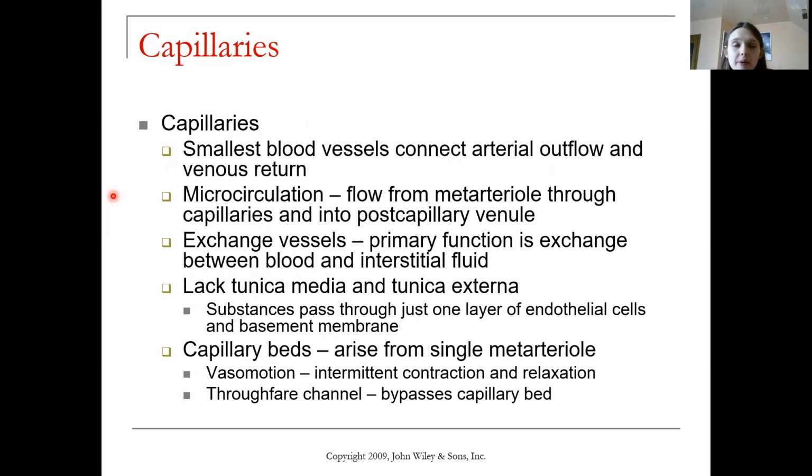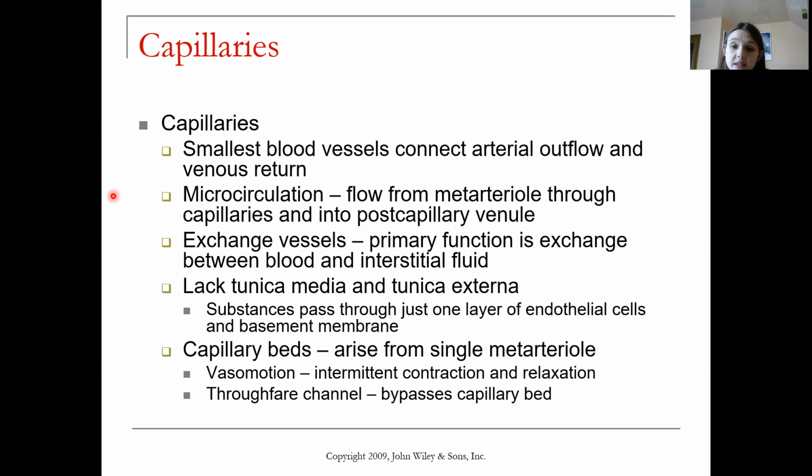So mainly in the capillary network the process of exchange takes place. These are the smallest blood vessels that connect arterial outflow with the venous return. Microcirculation flows from the metarteriole through the capillaries and into the postcapillary venules.